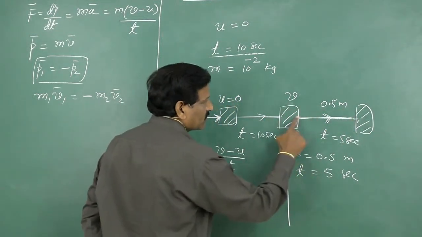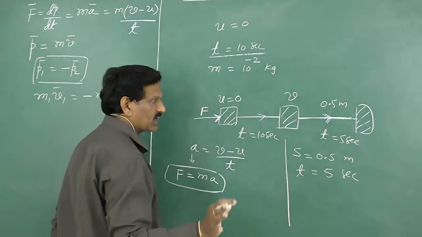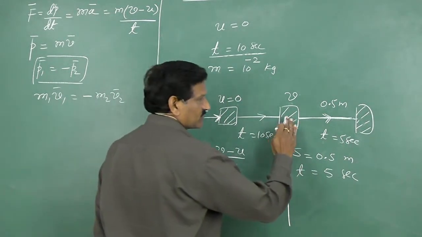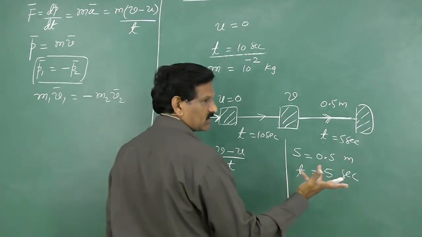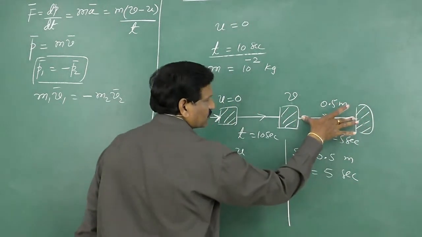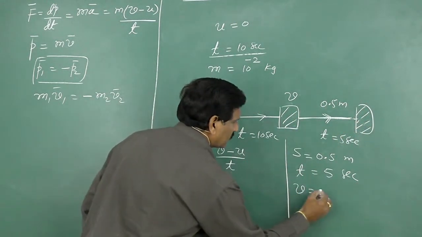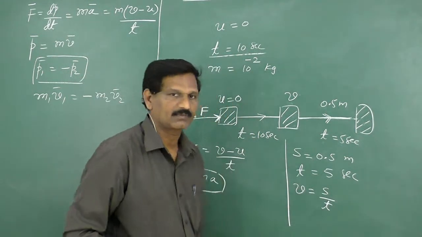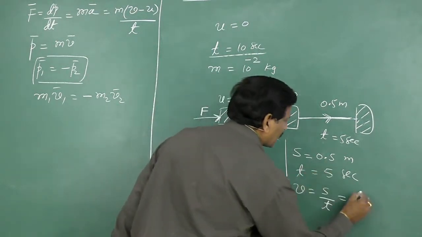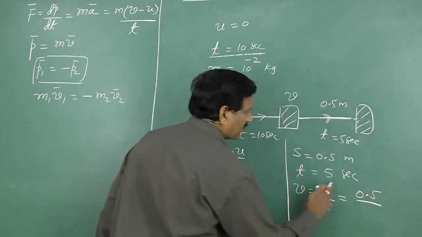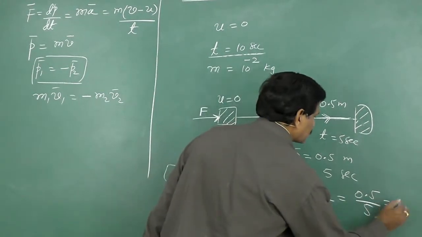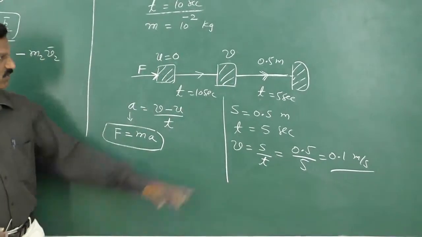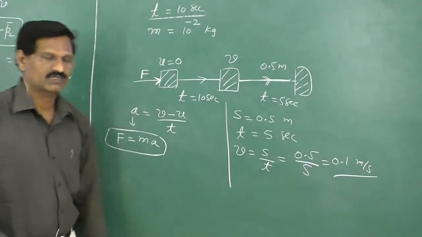So during this journey there is no acceleration, means velocity remains constant. Force ceases to act means there is no force, no acceleration, velocity remains constant for this journey. Hence you can write v is equal to s by t, the general expression. Velocity equals distance or displacement by time. So here distance travelled is 0.5, by time taken is 5. So here velocity is 0.1 meter per second. So the velocity v is 0.1 meter per second.